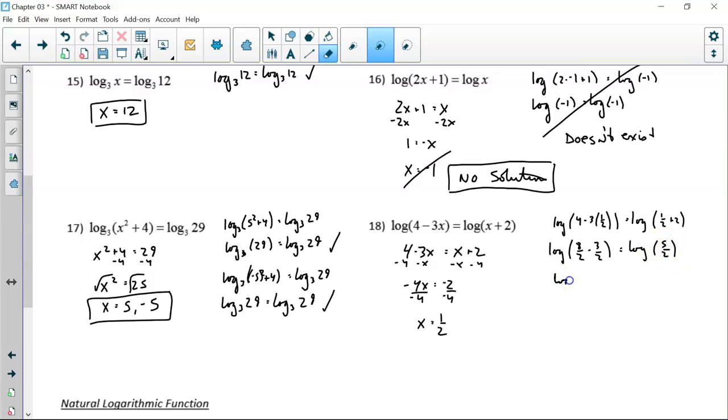So we get the log of 5 halves equals the log of 5 halves. They both equal each other and they're both valid. The thing we're really looking for is making sure we're not taking the log of a negative number. That's our big thing we're trying to avoid.